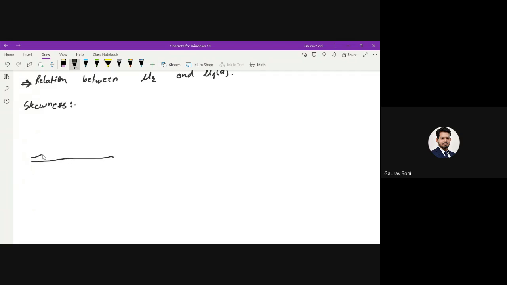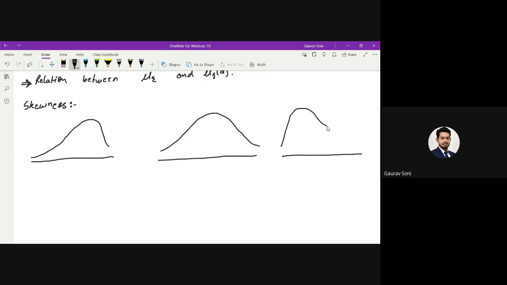If we have a perfectly bell-shaped curve, it is not stretched in any direction. This is the symmetric one.